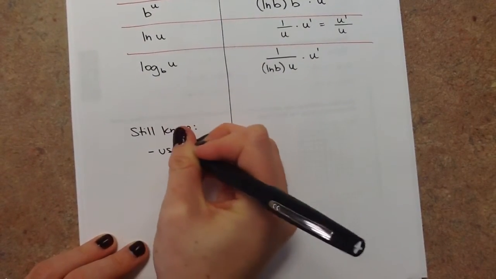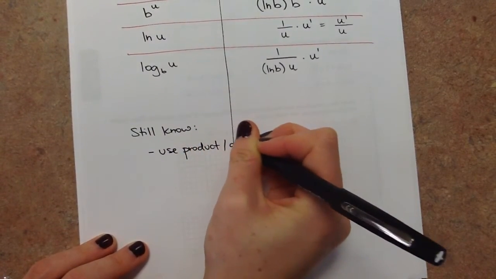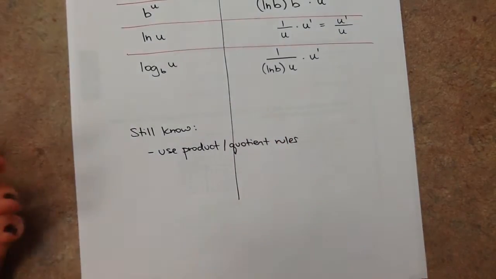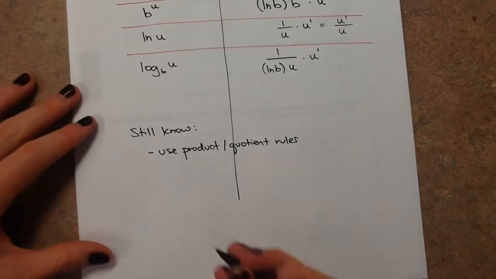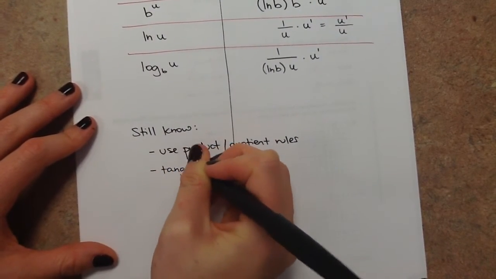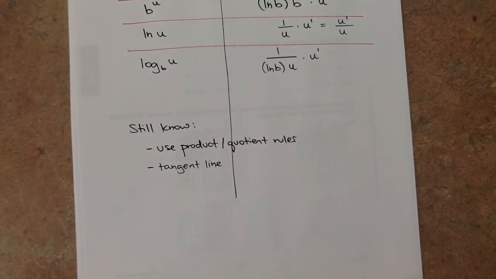You should still know how to use product and quotient rules. This time you'll just be using them in combination with the new rules that we learned. And then you should still know how to write a tangent line. So I'm going to write a little extra something for that.